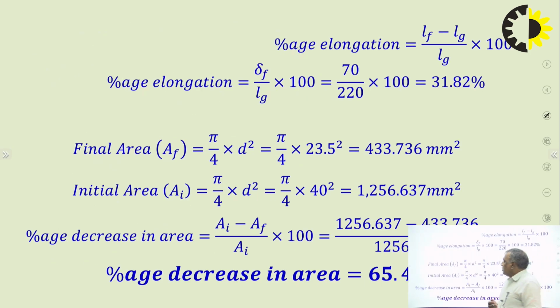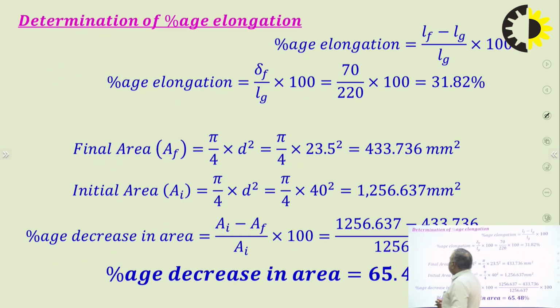Now we move to the third part, determination of percentage elongation. So percentage elongation is LF minus LG upon LG. LF is the final length, LG is the gauge length. LF is the length at the time of fracture. It is given that the final deflection is 70 mm.